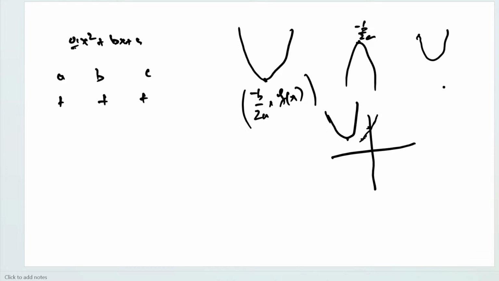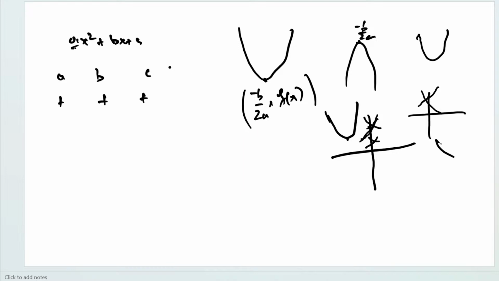So firstly, with a greater than 0 and c greater than 0, it will look something like this, either like this or like this. It is touching the y-axis on the positive side. It can be like this, it can be like this. It is facing upwards, firstly.